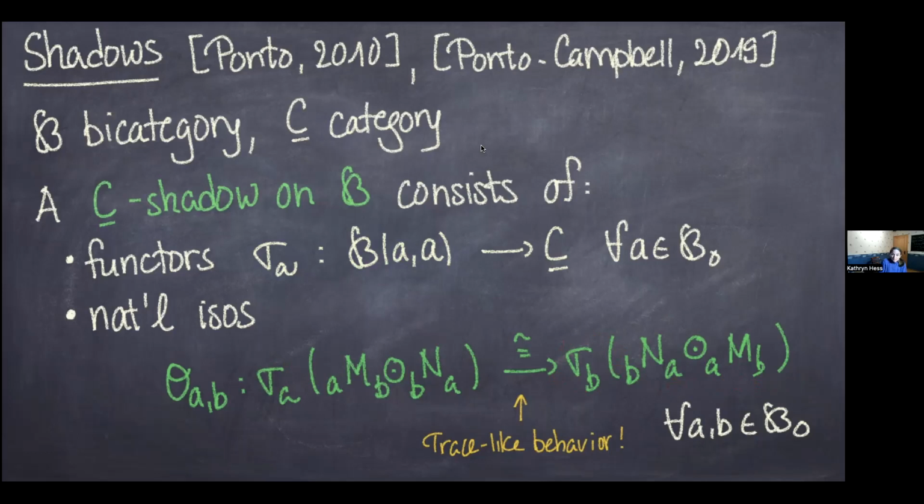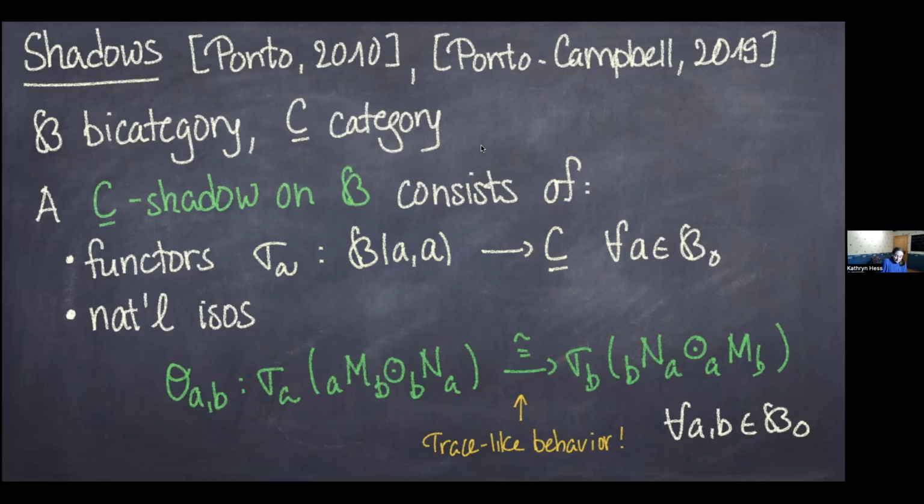The structure that you need for this to be a shadow is to say that these are actually naturally isomorphic. What this is saying is that this shadow has a very trace-like behavior: once you look at the images in the category C, you don't really see a difference between the shadows of M tensor N and of N tensor M.